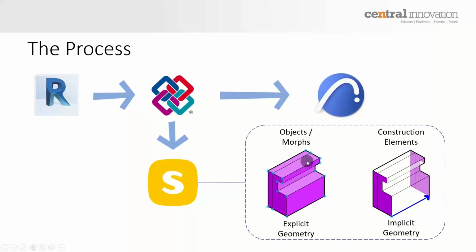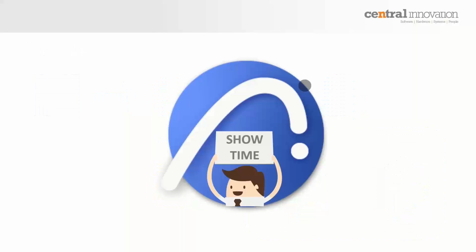And we try to convert, which is typically an easy process and rarely fails, all the explicit geometry into objects or morphs, which are the Archicad version of this type of geometry. So if we manage to get that through, we're going to get the best result possible when bringing in a file from Revit to Archicad for the sake of a design takeover.